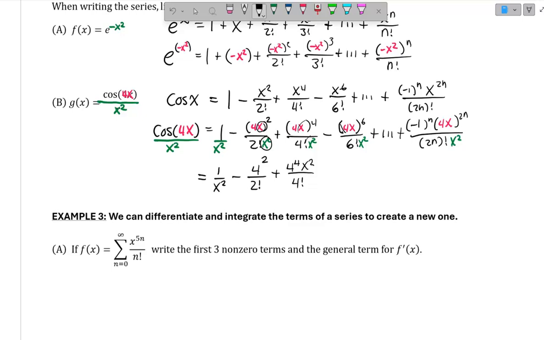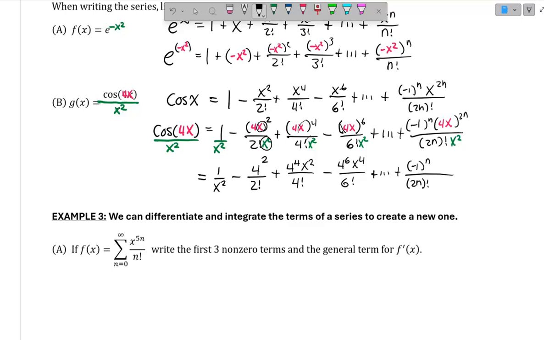So you might notice there's a new pattern forming. We have 4 to the 6. X to the 6 cancels with x squared, giving me x to the 4th in the numerator. And so what we can see that's essentially happening here, and we can actually write it out in the general term, the alternating part's not changing. The 2n factorial isn't changing.